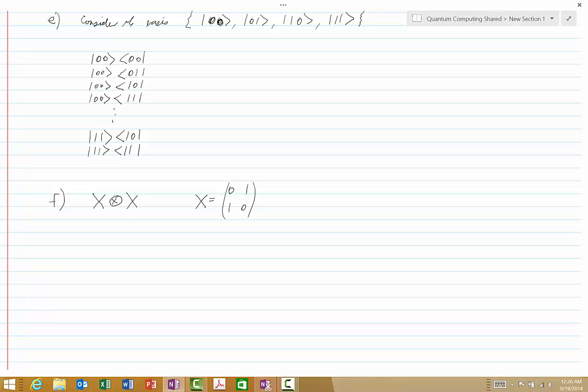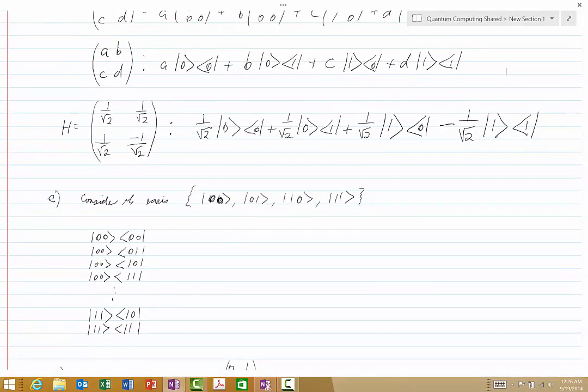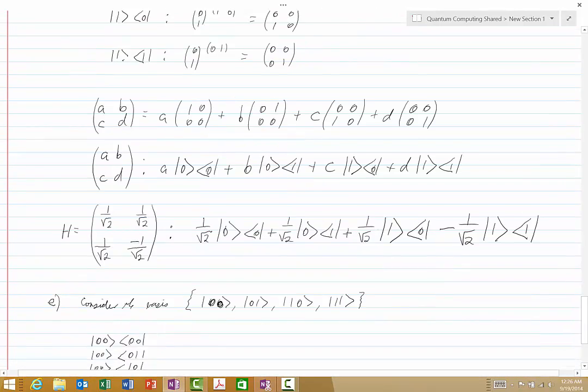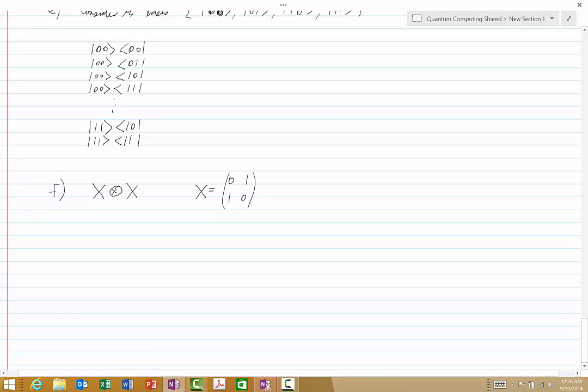We learned in our work on part A of this problem that X, when we put this operator in Bra-Ket notation, corresponds to ket 0 bra 1, that is, we see that from the 1 in this position, plus ket 1 bra 0, and we see that from this one.